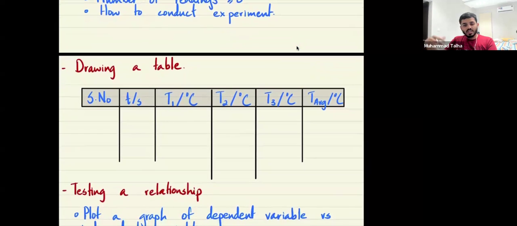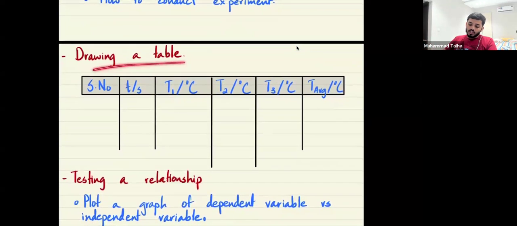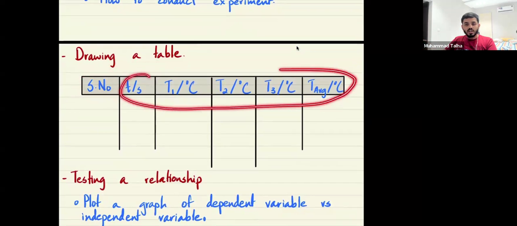And then how to conduct the experiment, you know that this is usually given in your paper. We don't really have to talk a lot about it. Sometimes we do, but most of the time we do not, right? Then drawing a table with the table serial number is optional. If you don't like this, you can totally leave this out. Usually you don't even need a large table.